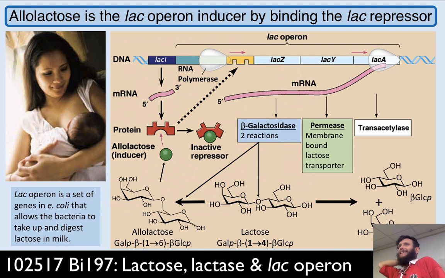Allolactose is extremely trace in milk. There's only a tiny bit of it in milk, but it is essential to be able to turn on the lac operon. Bacteria cannot absorb mother's milk without allolactose being there. This is one of the numerous reasons why, if it is possible for a mother to nurse their infant, they should.